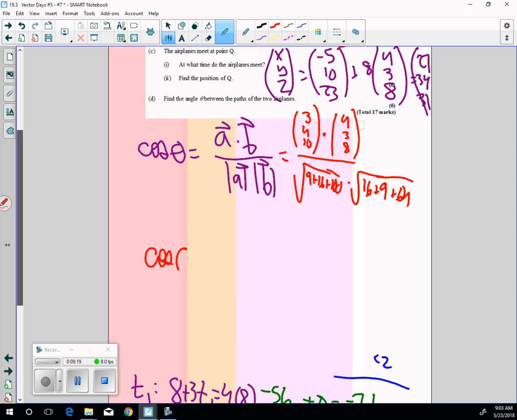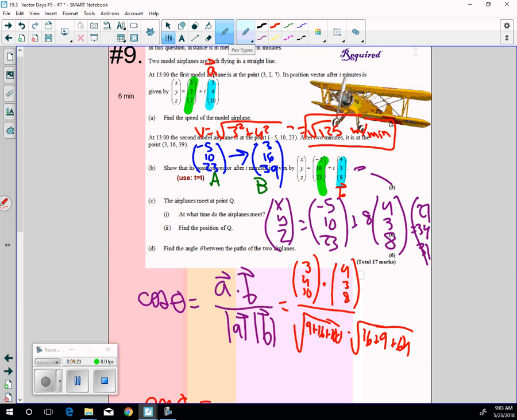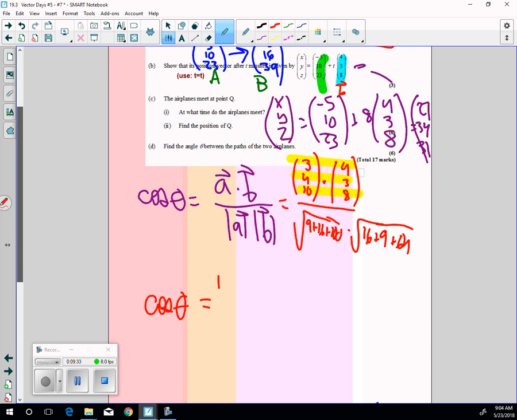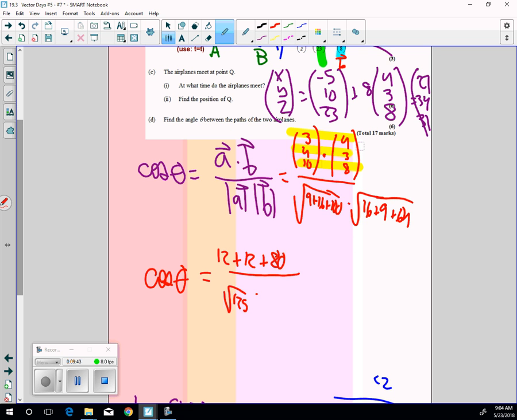Cosine of theta is going to be, now we multiply across here. Multiply these and then add them up. So you're going to get 12 plus 12 plus 80 over the square root of 125, which we've seen before, and 64 and 16 is 89, square root of 89.